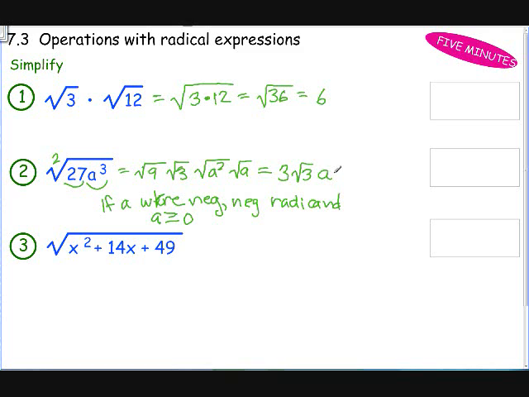And the square root of a. Now that's pretty messy looking. We wouldn't write it like that. We would put the 3 and the a together, and we would put the square roots together, and we would write it as 3a times the square root of 3a. That's not particularly satisfying, but it is the correct answer.